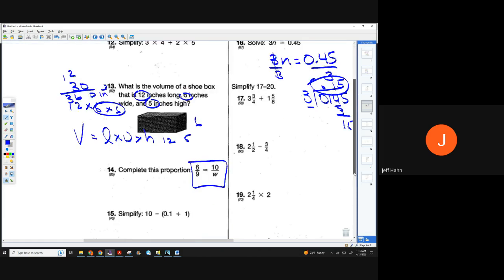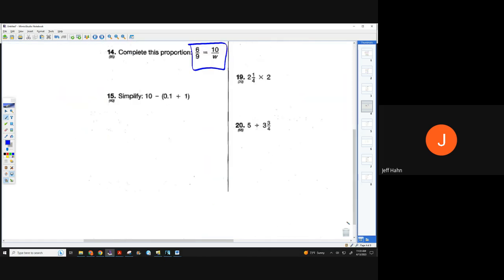Number 20. Did you make these improper fractions? What is 3 3/4 as an improper fraction? 15 over 4. And then, what is the rule to divide fractions? Flip the second one and multiply. So it's 5 over 1 times 4/15. Then when you get there, what should you think?